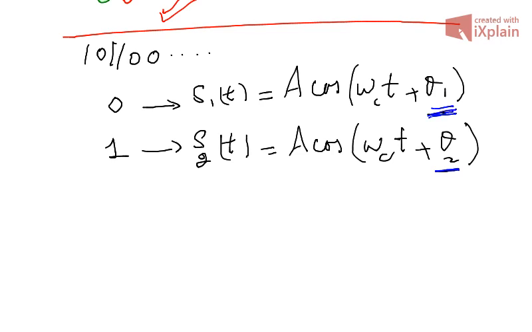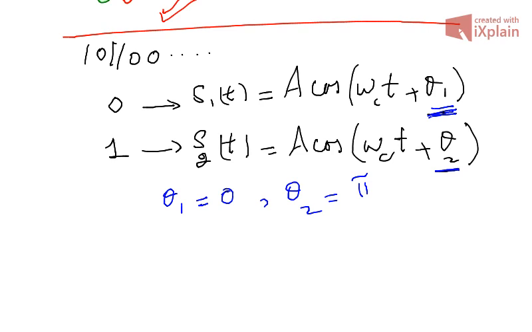So in BPSK we have a sinusoid for S1 of t and S2 of t, and they differ by theta. Usually we take theta 1 equal to 0 and theta 2 equal to pi, that is 180 degrees. So these two waveforms will be used, theta 1 with 0 degrees and theta 2 with pi.